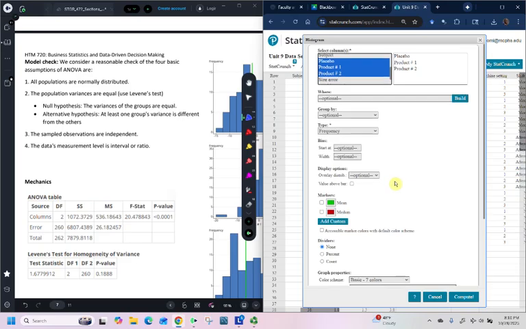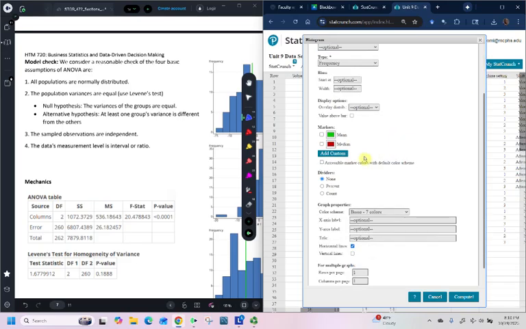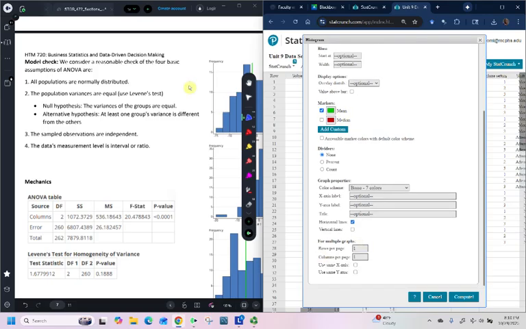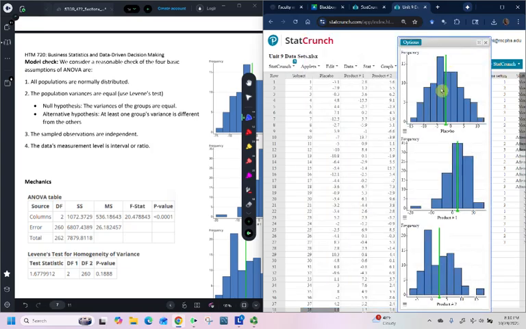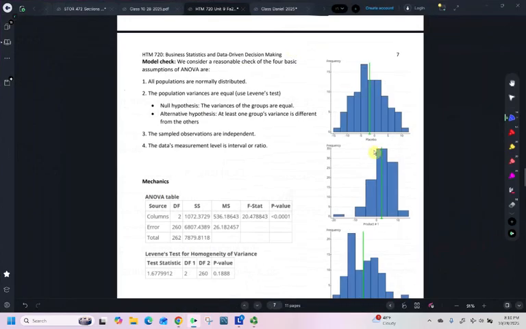And I would usually like to see where the mean is for each of the groups. I also like to have 3 rows per page since I have 3 groups, and compute. And I have the histogram here, which I have taken into our workbook.